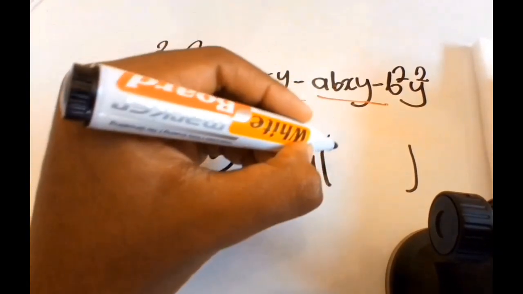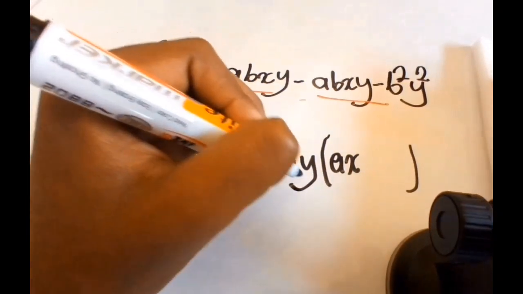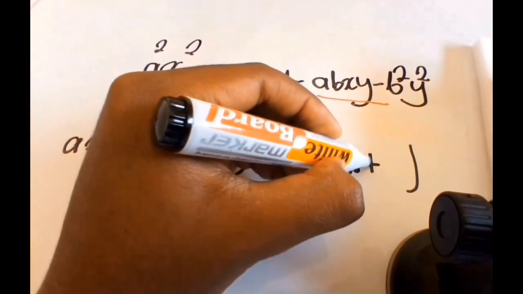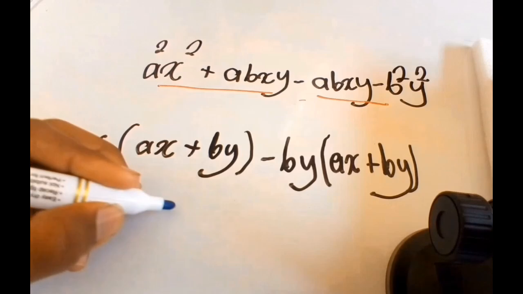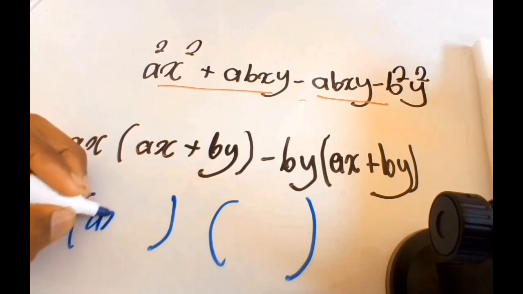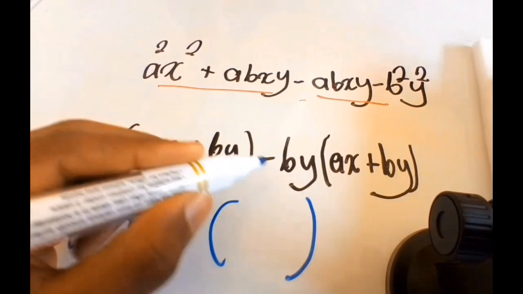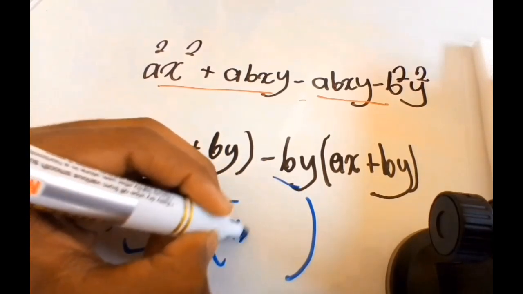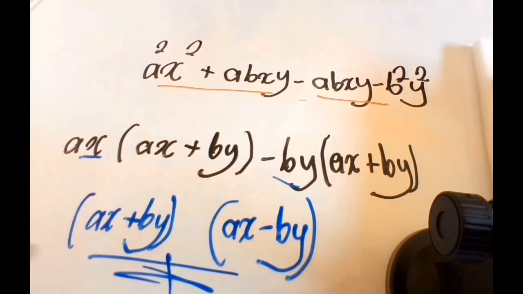By into there is going to be positive ax, then negative by into that will be positive by. After we reach this, we put the two sets of brackets together. The first brackets we see ax plus by, and in the other one it will be ax minus by. So that is our factorized version.